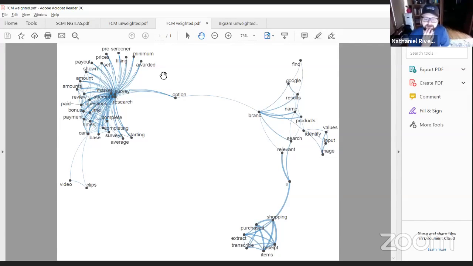This is really interesting. I mean, because you have the brand, and then input, and then this down here, right? That's kind of all of that stuff we were seeing that was shopping receipts, distinct from these other two, right?